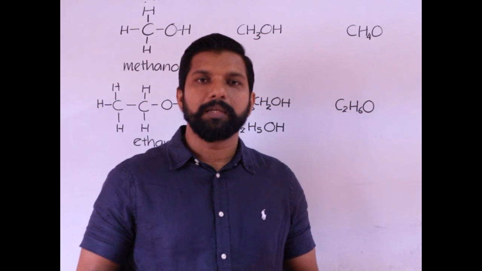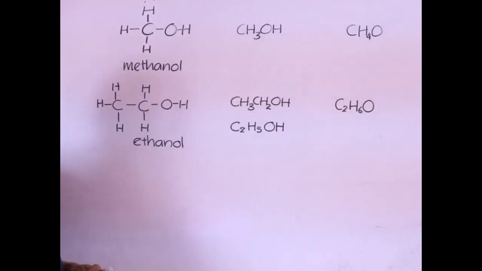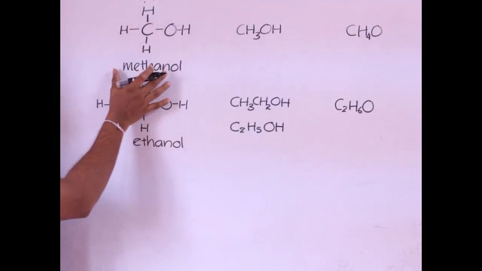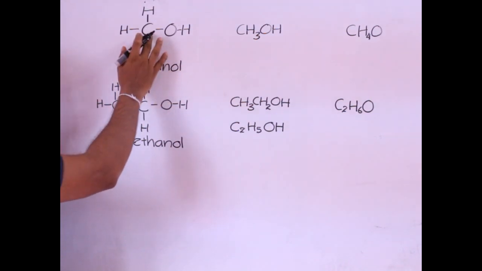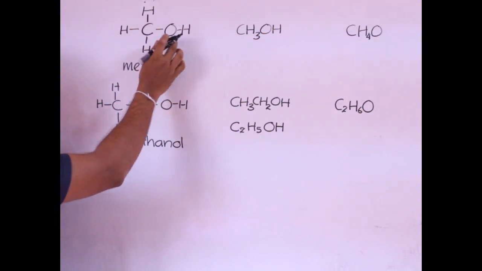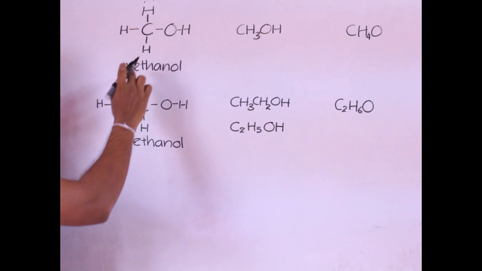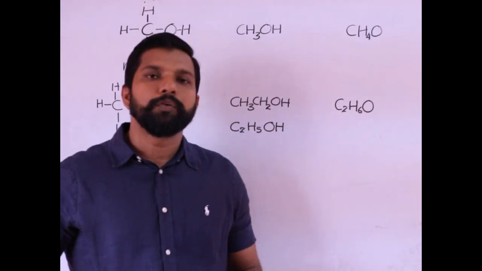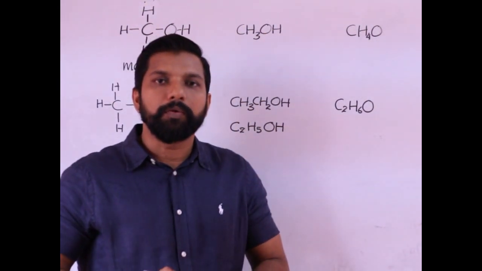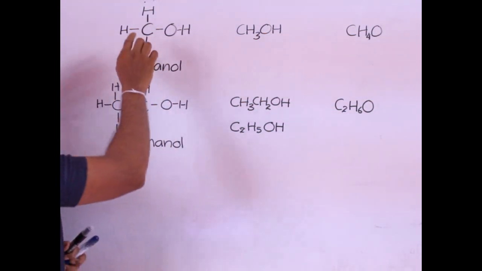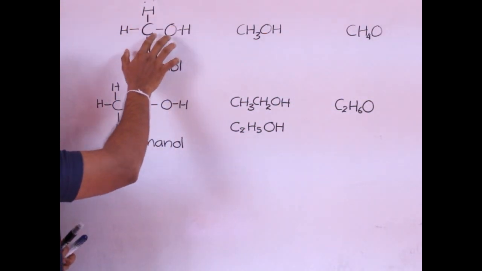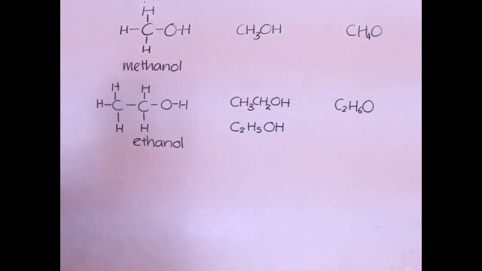Let's have a look at the homologous series of these alcohol molecules. Here is the methanol molecule with one carbon atom and OH, and this is the displayed formula of that organic molecule. It shows all the bonds and all the atoms.